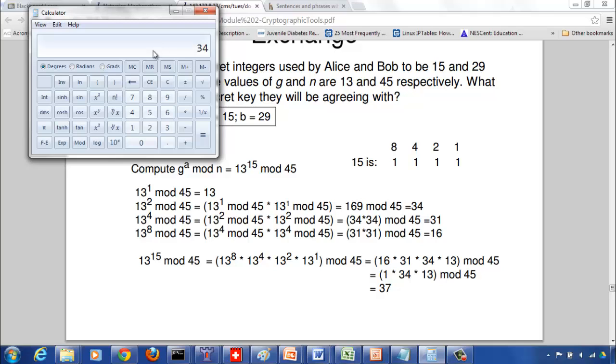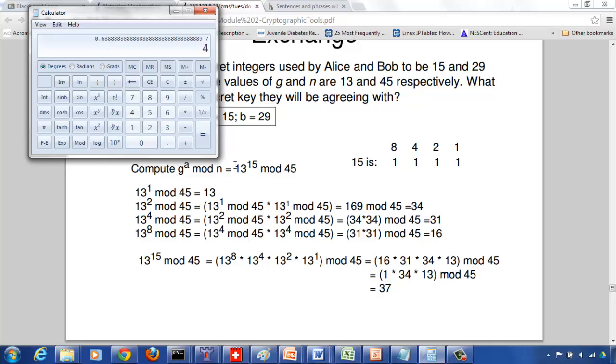Now 13 to the 4 mod 45 is 13 squared mod 45 times 13 squared mod 45. So 13 squared mod 45 is 34, and 34 times 34 mod 45. Divide it by 45, get rid of the quotient, 25, leaving 0.68 and so on.